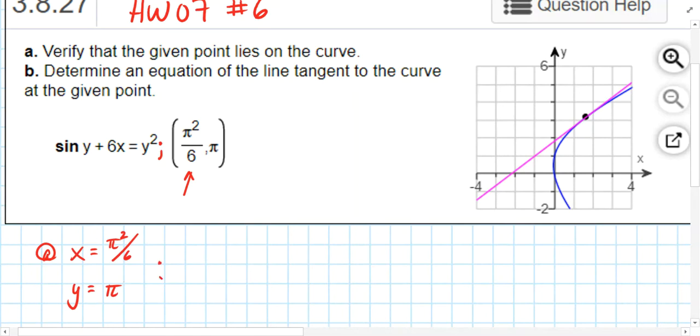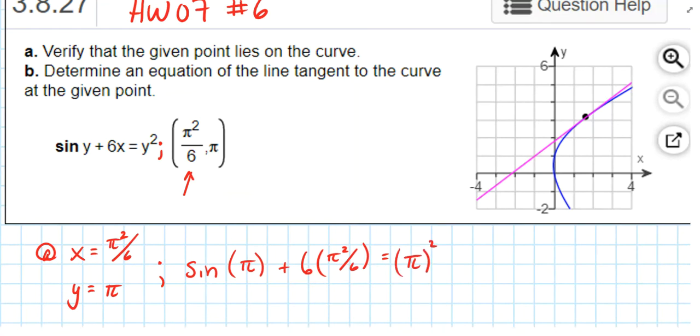So what that means then is that sine of pi plus 6 times pi squared over 6 should be equal to pi squared. And I've established that explanation because, again, this was supposed to be a y value, an x value, and a y squared value according to the description of the equation.